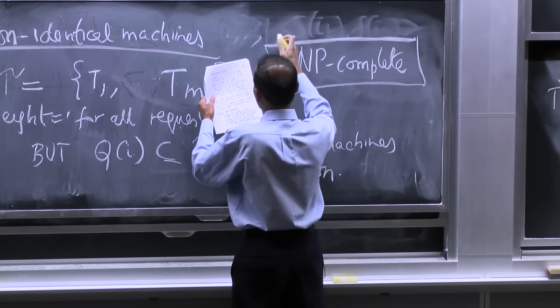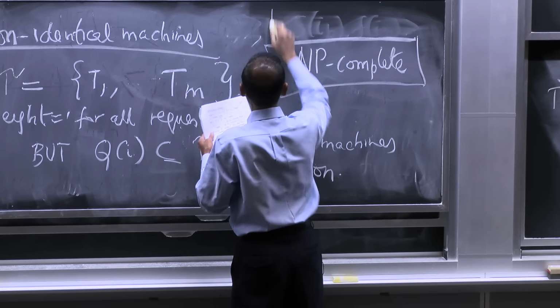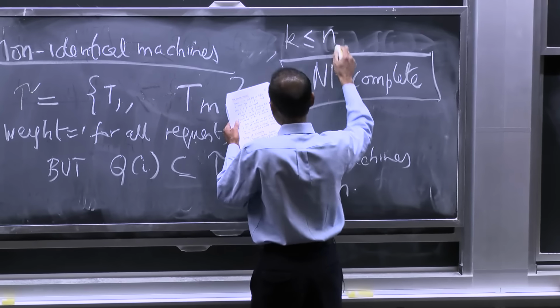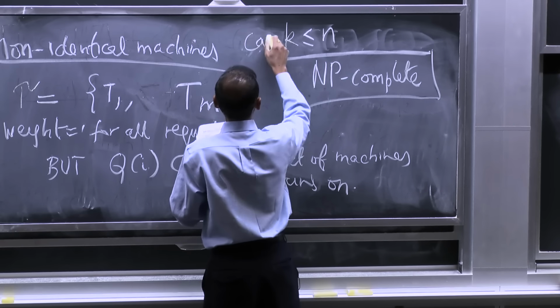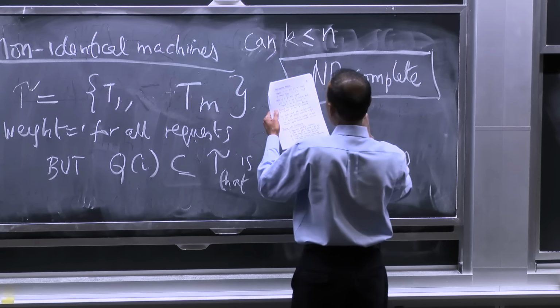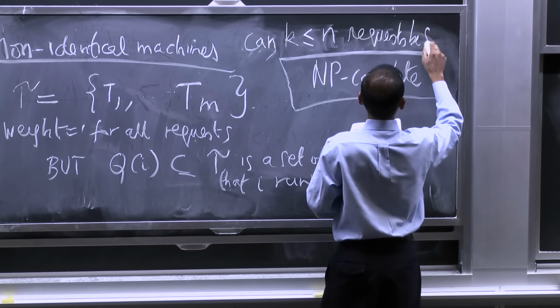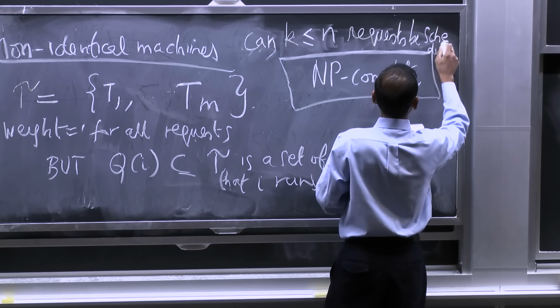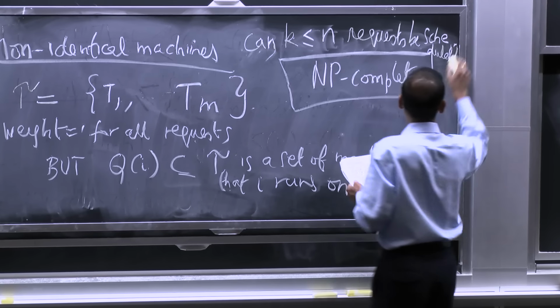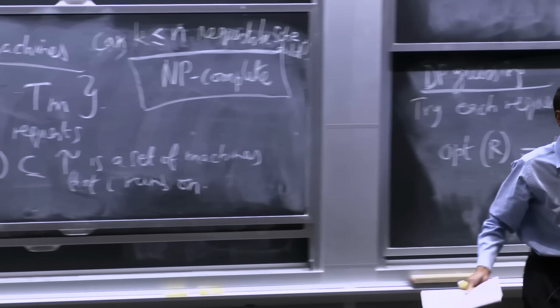And by that I mean NP complete problems are decision problems. And so you say, can some specific number k less than n requests be scheduled? This decision problem is NP complete.